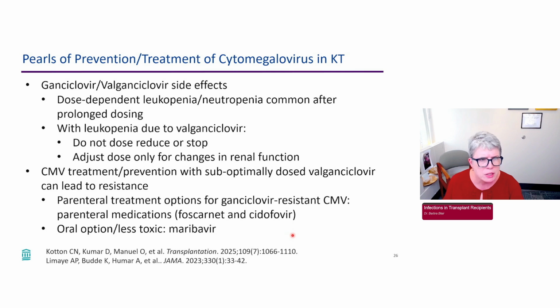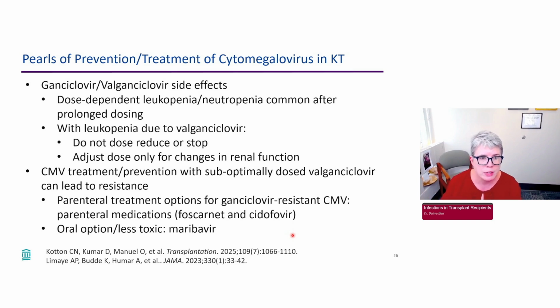I'm just going to talk a little bit about resistance because it can happen while you're on prophylaxis. You can't talk about prophylaxis without talking about valganciclovir or antiviral resistance, which happens if you are suboptimally dosed, which can happen in renal dysfunction, or if people unfortunately decrease the Valcyte or Valgan dosing because of leukopenia.